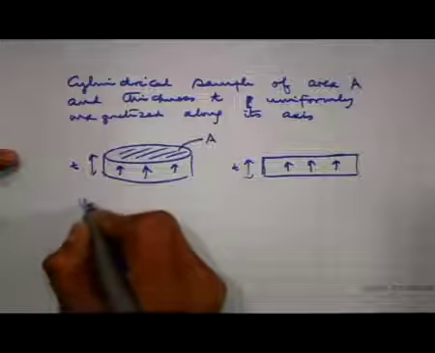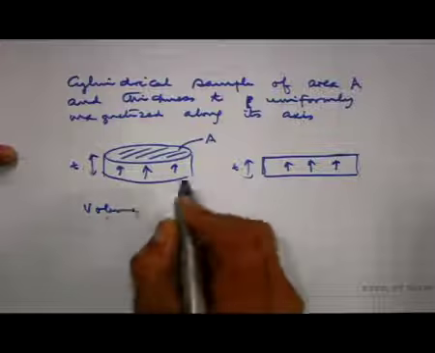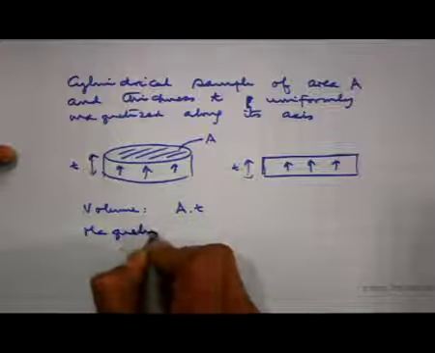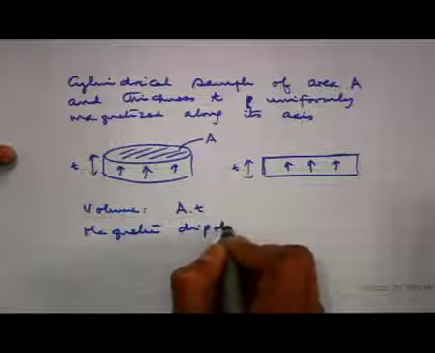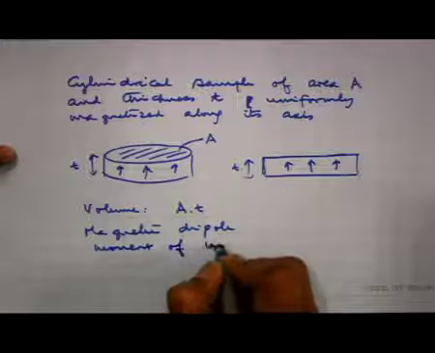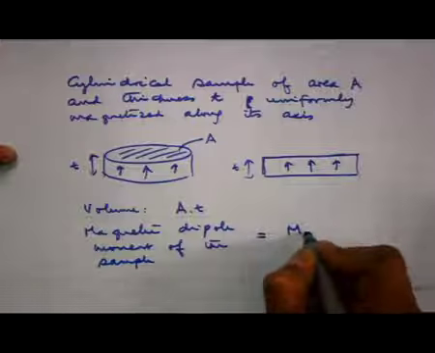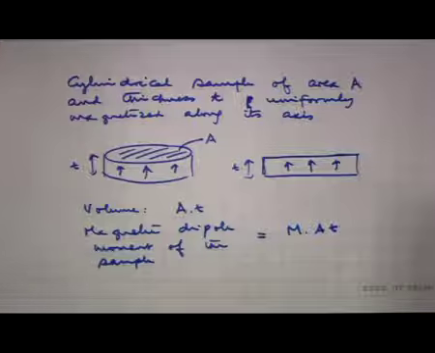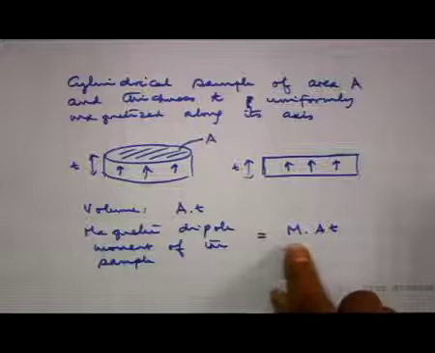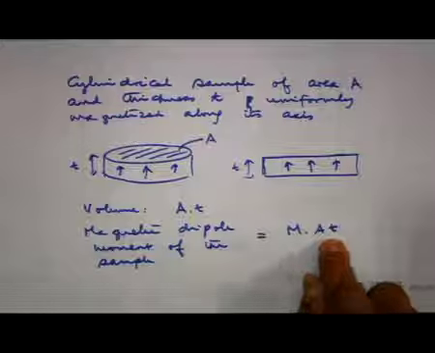This sample has a volume A times T. So, the magnetic dipole moment of the sample is equal to M times A times T. Magnetization is magnetic dipole moment per unit volume. So, magnetic dipole moment per unit volume into volume of the sample gives me the magnetic dipole moment of this sample.